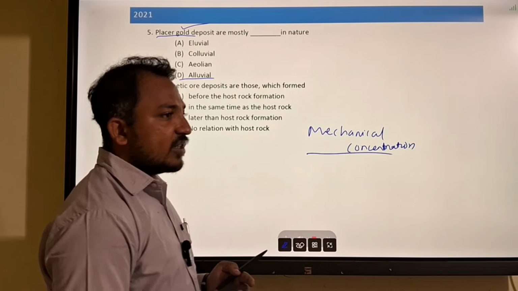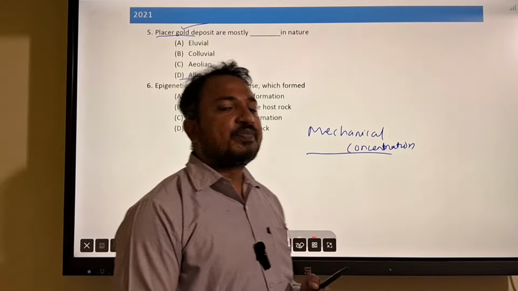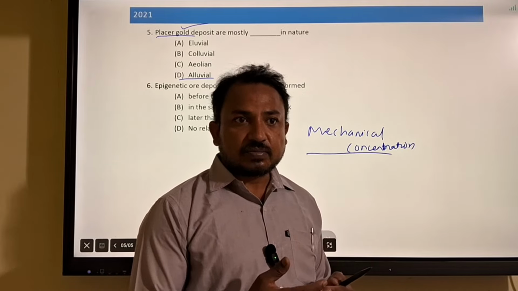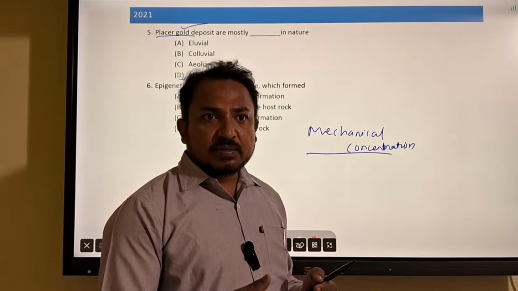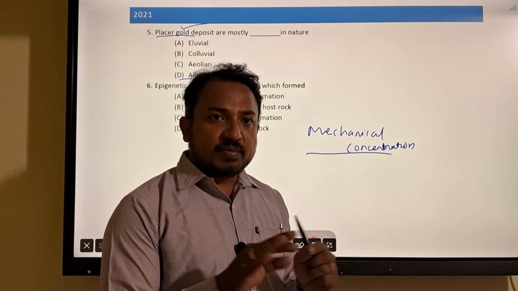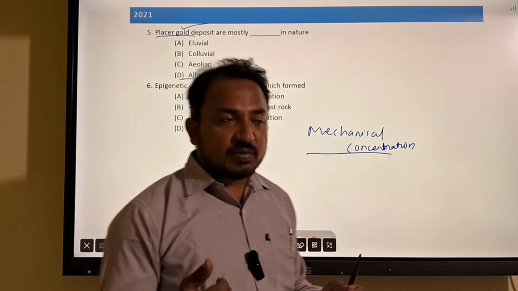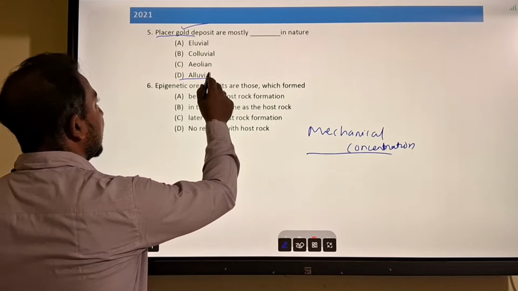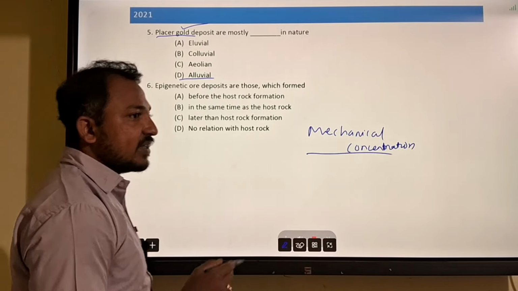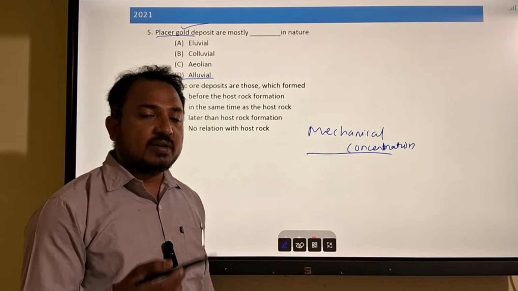They are in the mountainous region, so they are mostly affected by river action. After disintegration of the rock, the gold will be free from the rock. Then it will gradually be transported by river action, then deposited at places where the velocity of the river decreases.